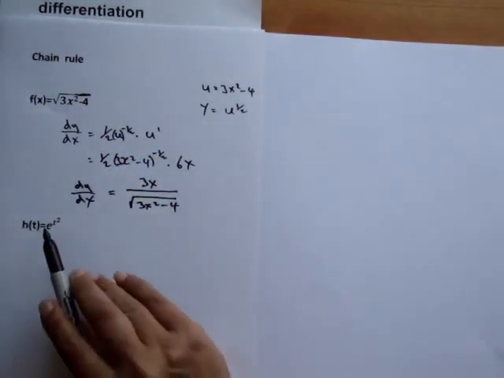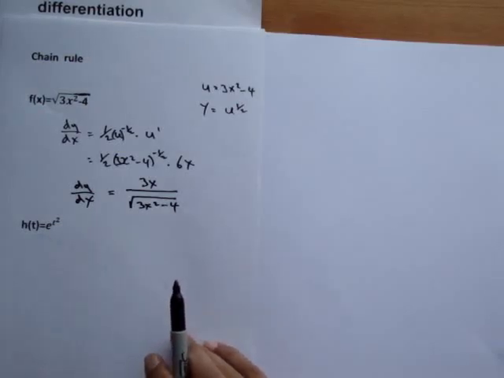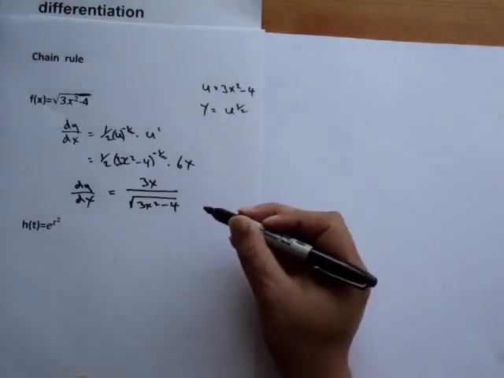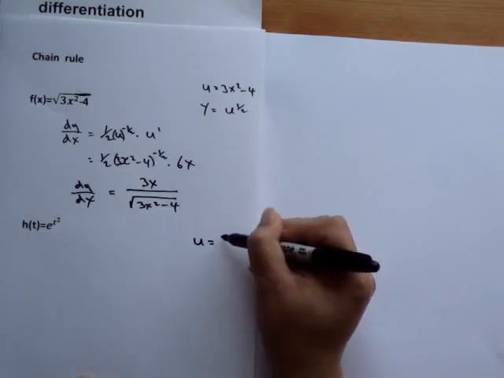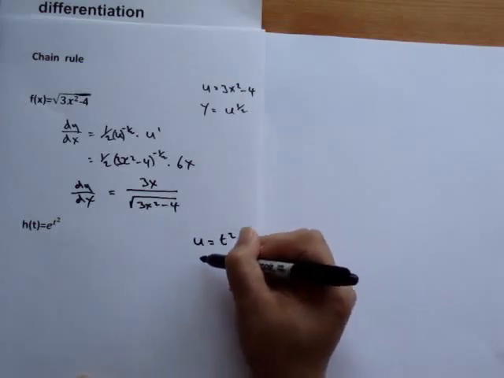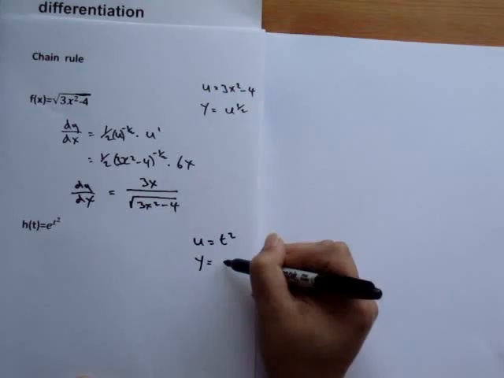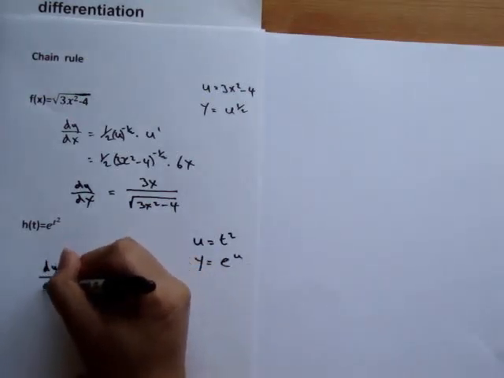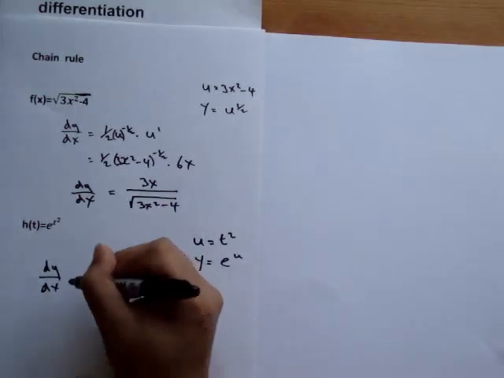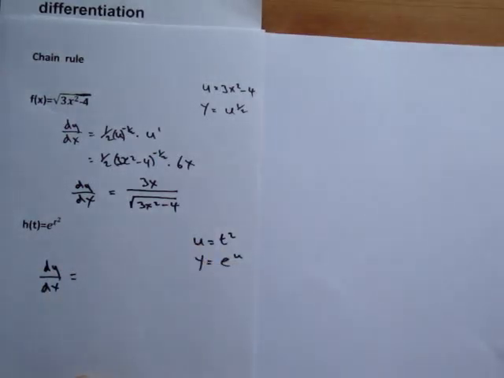When we're looking at powers of e, if you remember, when we differentiate e to the x, we get back e to the x. Remembering that rule, so u equals t squared, y equals e to the u, dy by dx. Let's apply the chain rule. So we want dy by du.